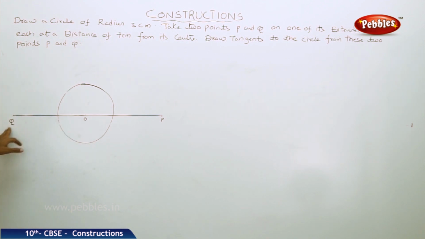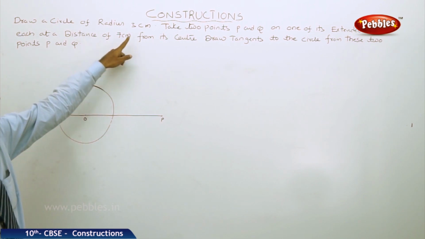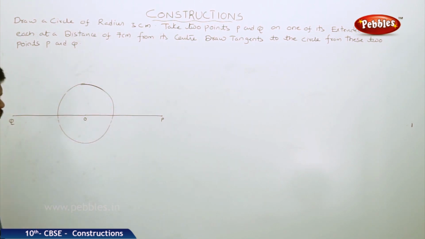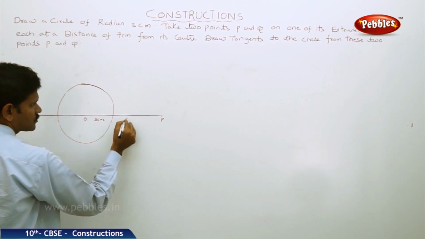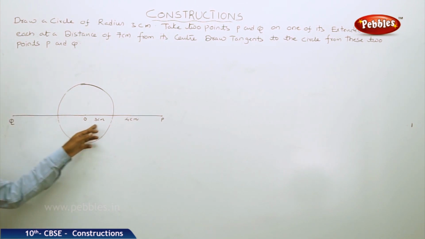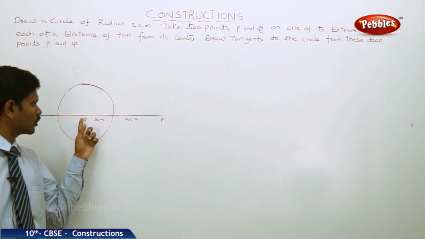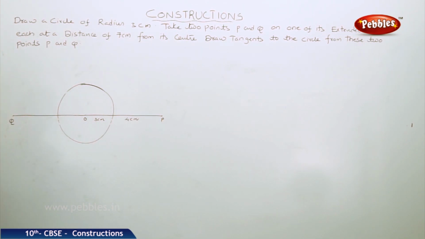From the center to the external point is a distance of 7 centimeters, that is, this is 3 centimeters, this is 4 centimeters, 3 plus 4 is 7 centimeters. Now P is at a distance of 7 centimeters from the center.